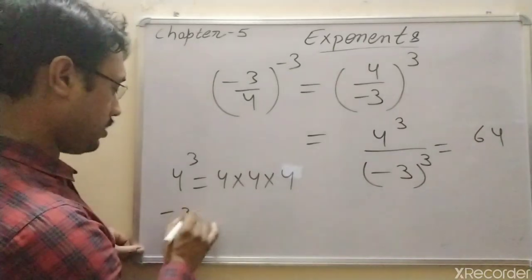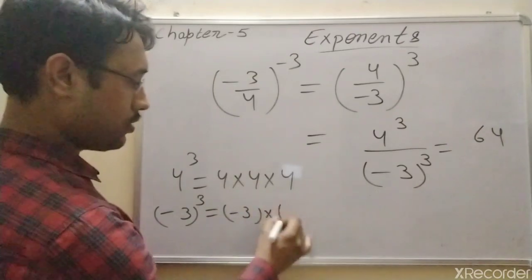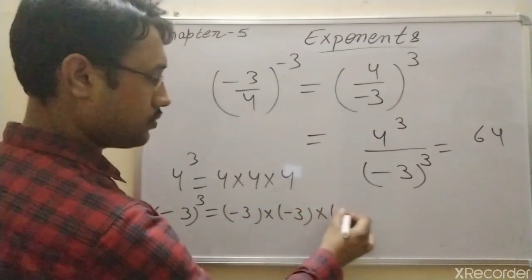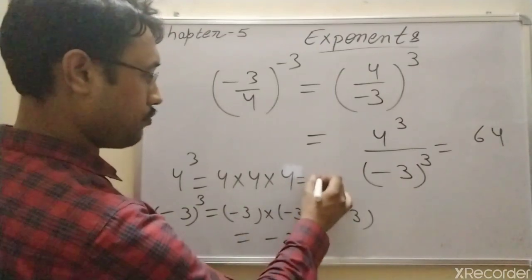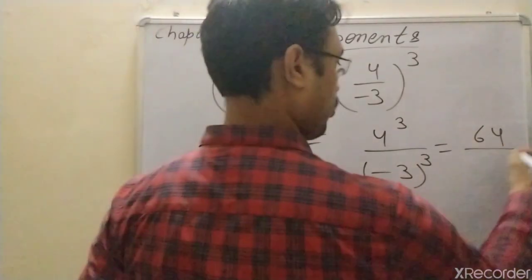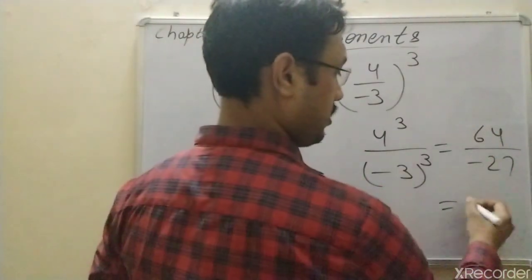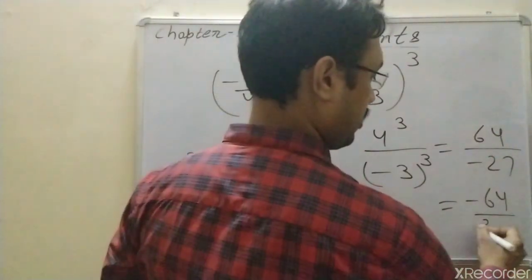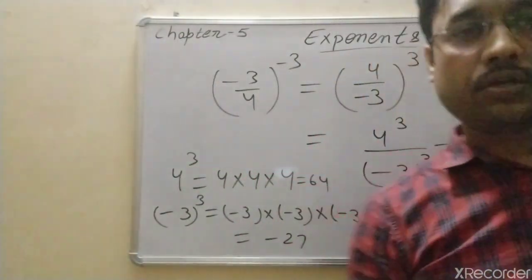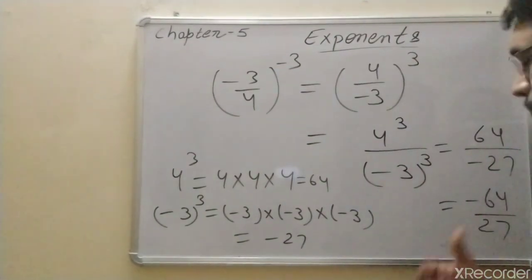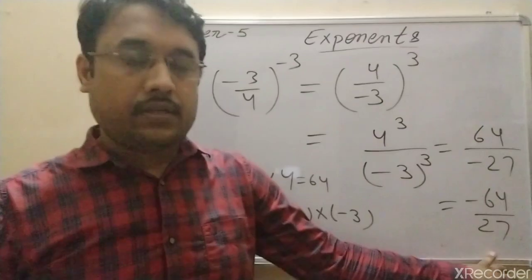And minus 3 cube means minus 3 into minus 3 into minus 3. So downside you will get minus 27 and the numerator is 64 only. So this is 64 by minus 27. At the last, the minus sign goes upside to write the number in standard form. So this is your answer, students: minus 64 by 27.